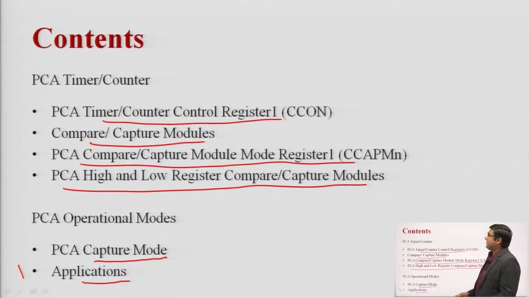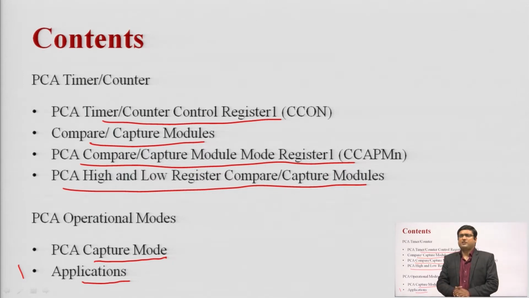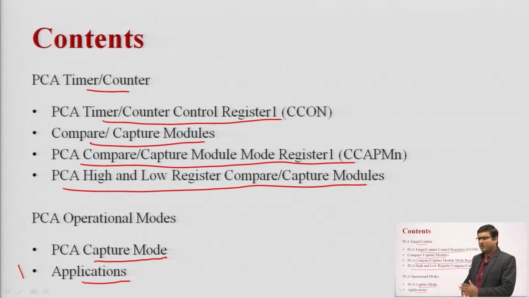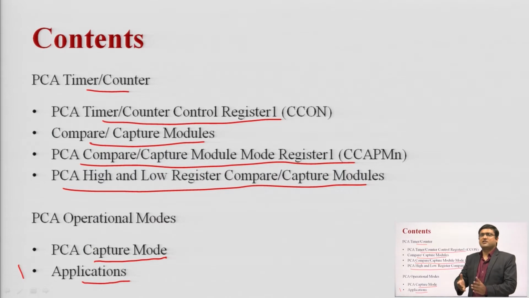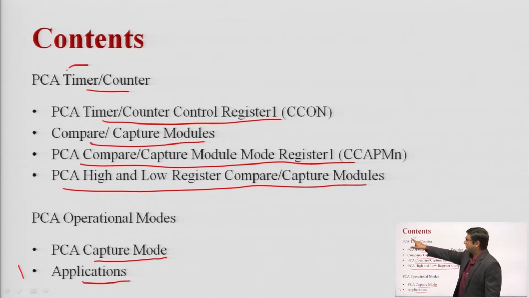Before we proceed further, let's have a look at what we have covered in this topic so far: PCA timer counter. We have seen in the previous lecture that a timer is basically used to count internal clock pulses, and a counter is basically used to count external clock pulses. So basically both are the same, both are used for counting events.